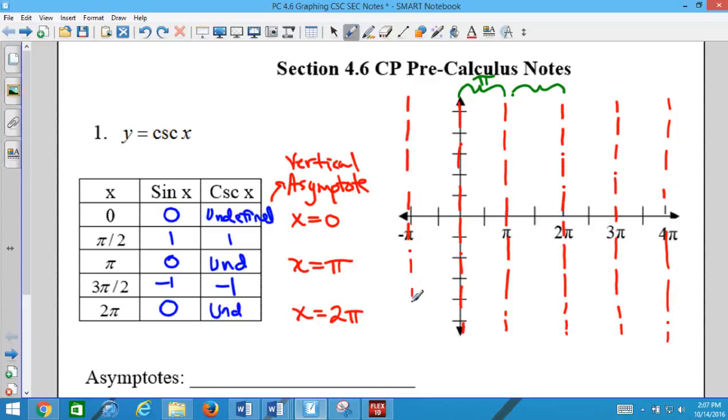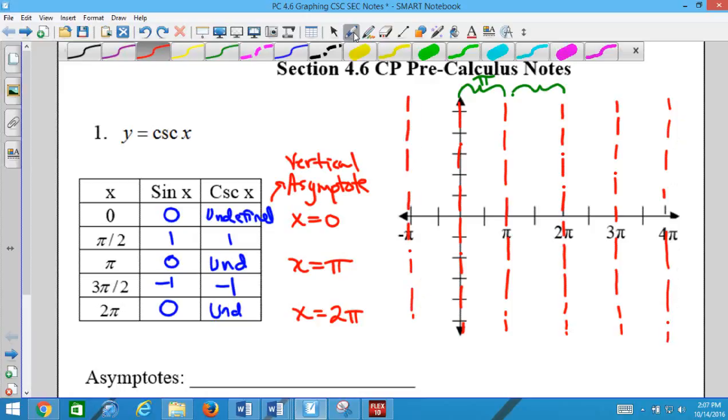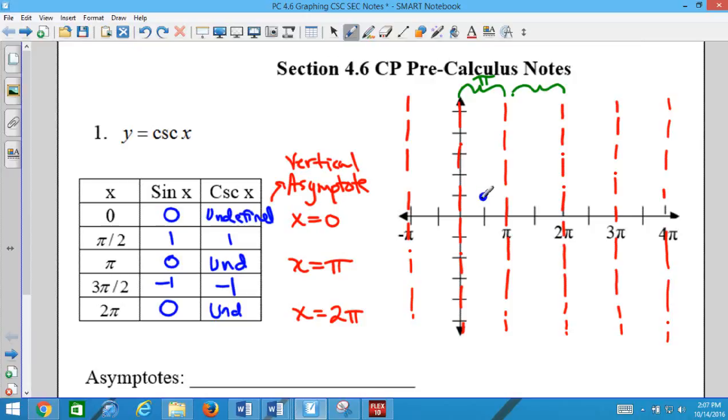Pattern's going to continue forever. And then our ordered pairs, we have one at pi over 2, 1. And we have an ordered pair at 3 pi over 2, -1. And then this pattern continues.